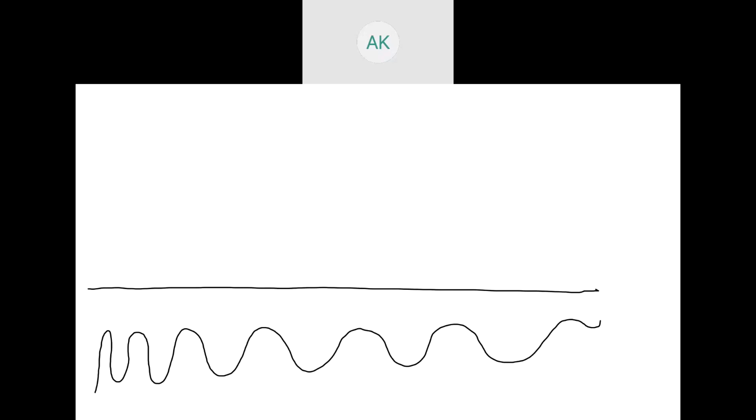So looking at this, as you go down to the right, you have an increase in wavelength, because the length from here to here is longer than it was from here to here.